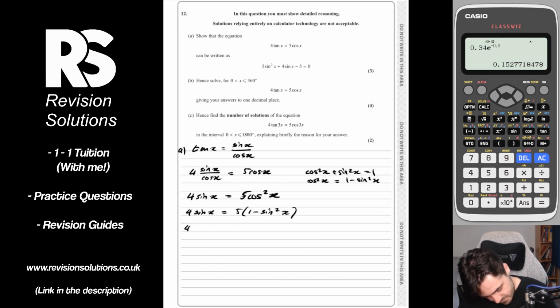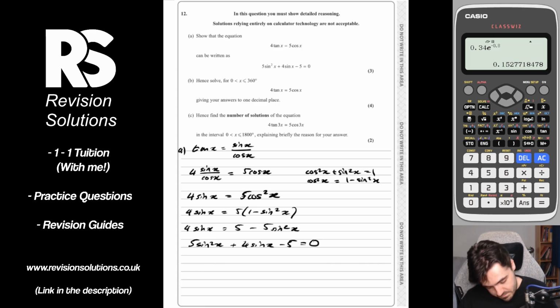Then I would have 4 sine x equals 5 minus 5 sine squared x. And then bring it all to the other side, we'd have 5 sine squared x plus 4 sine x minus 5 equals 0.